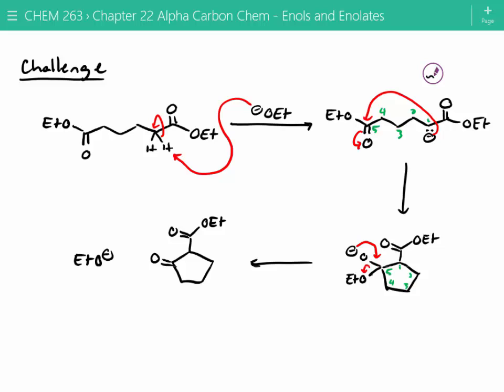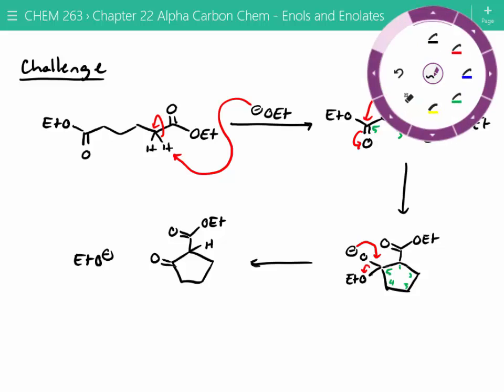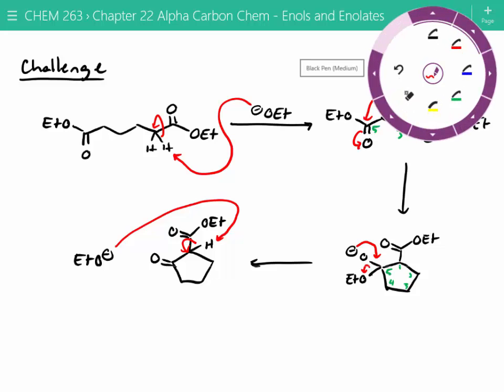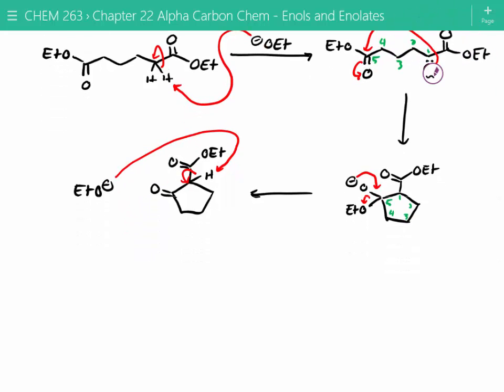Yeah, we've got another alpha proton here. So we're almost there. We've got our enolate. And our last step is going to be our protonation.